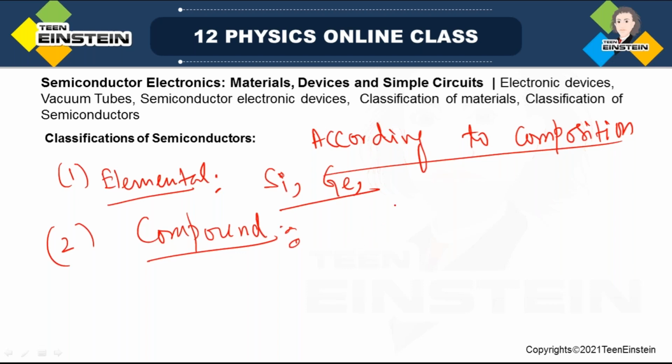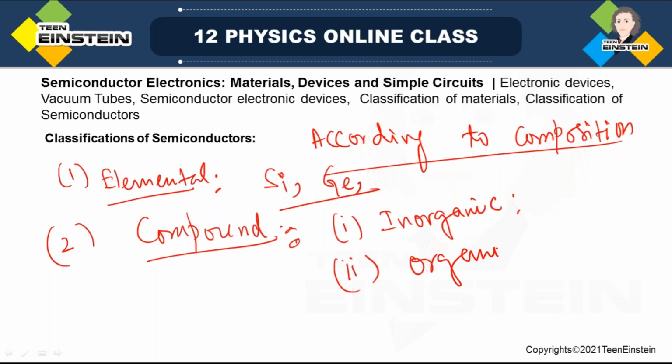So compound semiconductors have three divisions. One is inorganic, then you have organic semiconductor, and you have polymer semiconductor.